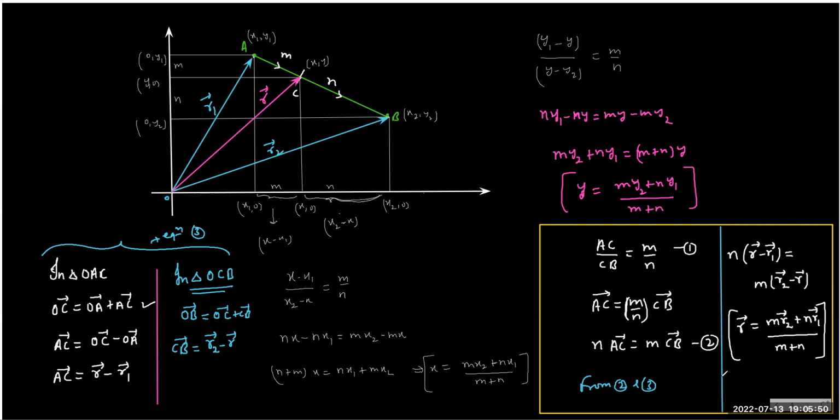Is this clear, guys? Yes, sir. Clear. So the r vector is m r2 plus n r1 upon m plus n. That's a really interesting way of writing the position vector of a point which divides the line joining the other two points in the ratio m:n.